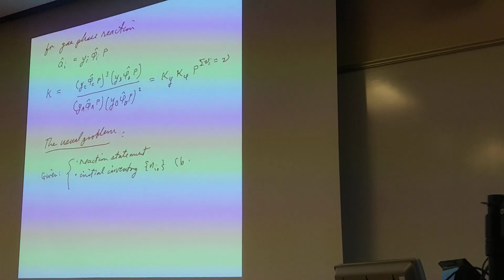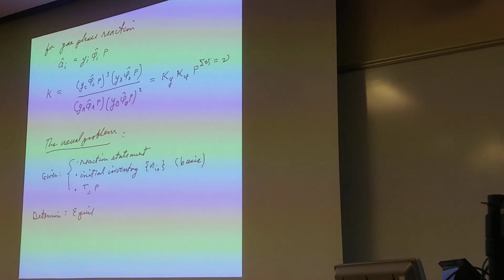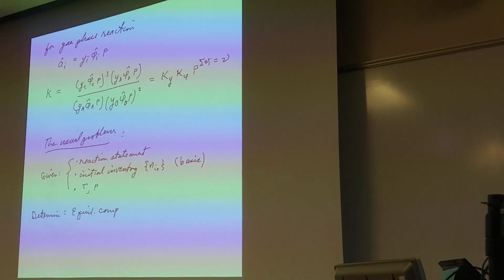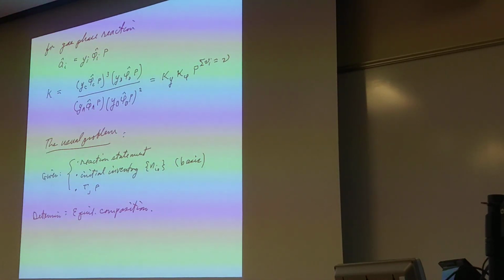And this is usually a matter of taking a basis. And then we have to, of course, be given the physical variables, temperature and pressure. So given that, the usual problem is to be given that information and then to be asked to determine the equilibrium composition. For a gas phase reaction, for example, then it would be the equilibrium set of mole fractions, the Yi's, corresponding to equilibrium.